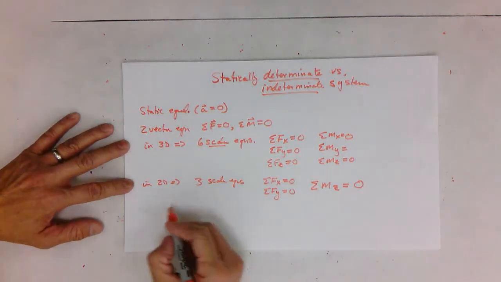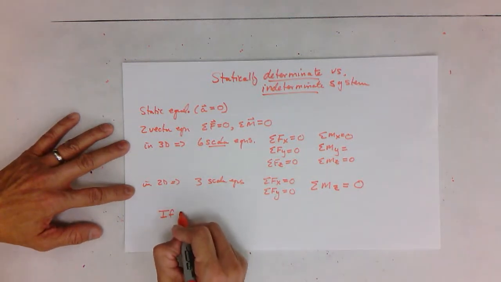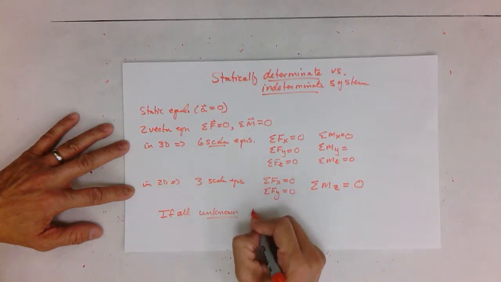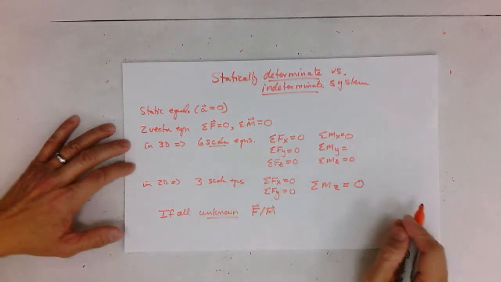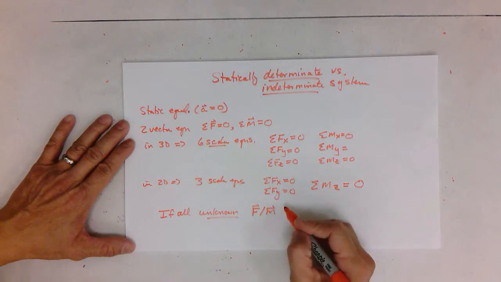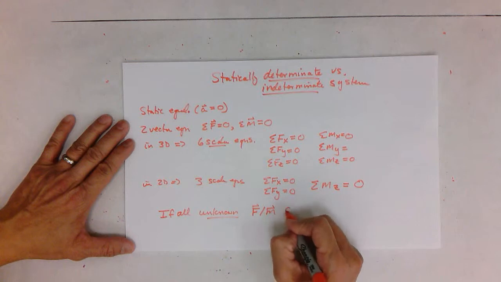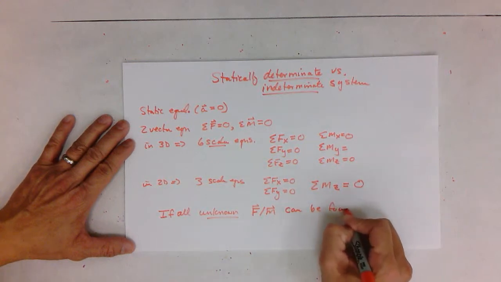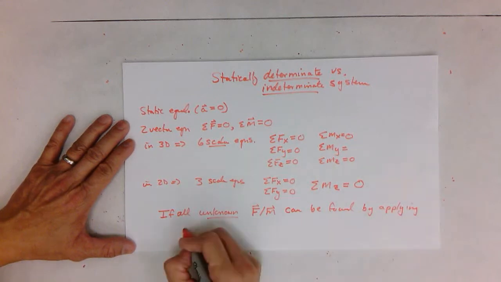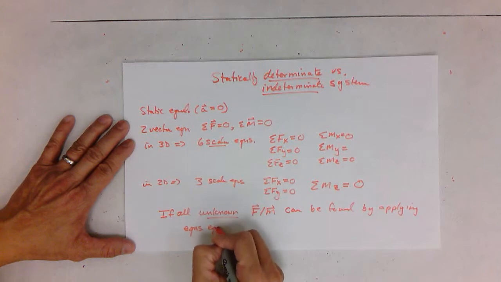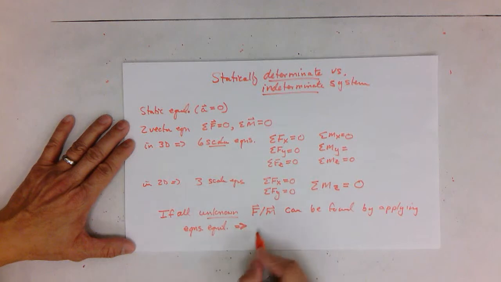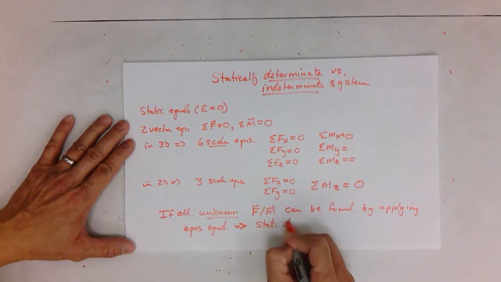All right. So I'm going to say if all unknown forces or moments, so these are your interactions that you apply to the free body diagram, can be found by applying the equations of equilibrium, then the system is statically determinate.